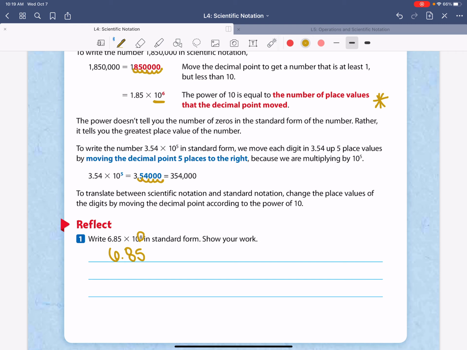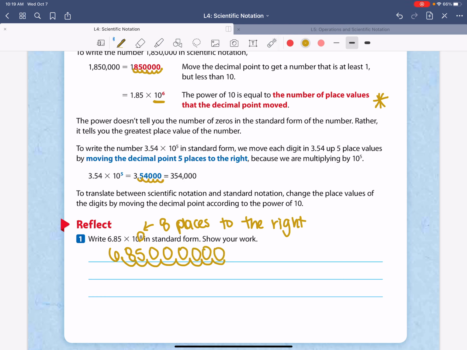So since it's positive, we're going to move it 8 places to the right. 1, 2, 3, 4, 5, 6, 7, 8. And then all of the empty spaces, we can place zeros there as placeholders.